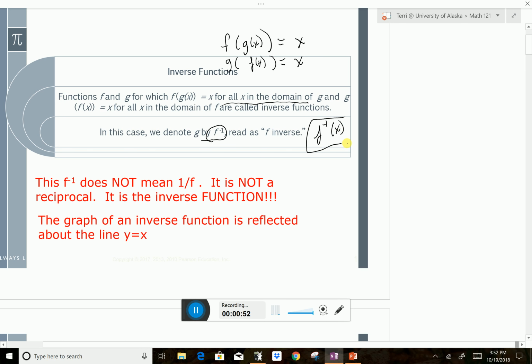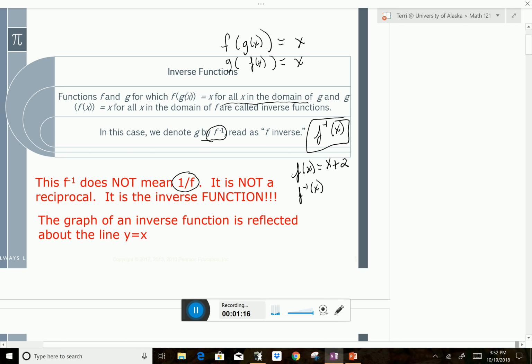Now, be very, very careful. That doesn't mean 1 over f. So if I have f of x equals, let's say, x plus 2, then f inverse of x is not 1 over that.